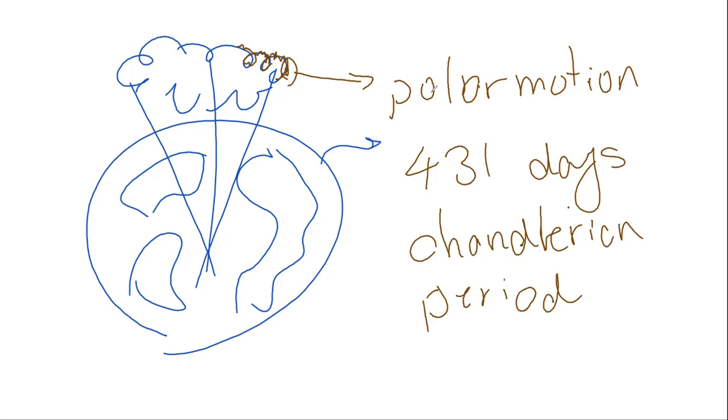Some parts are heavier, some parts are lighter, and it causes extra movements in the Earth's rotation axis. So, why are these things important? Let me explain the importance.